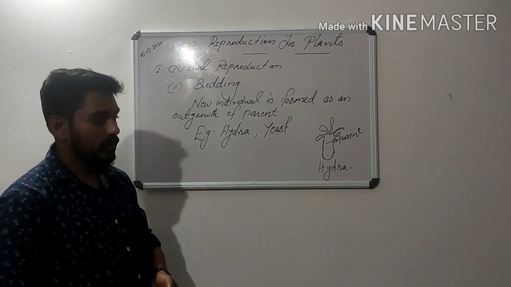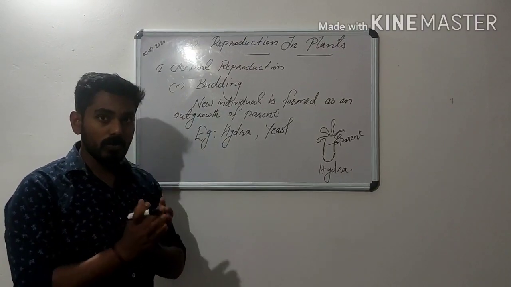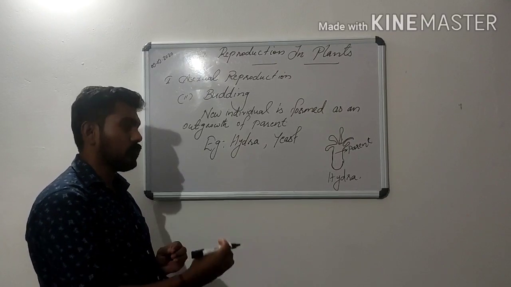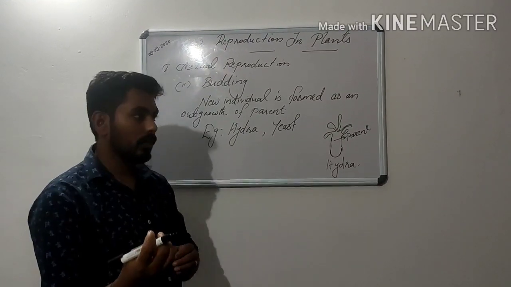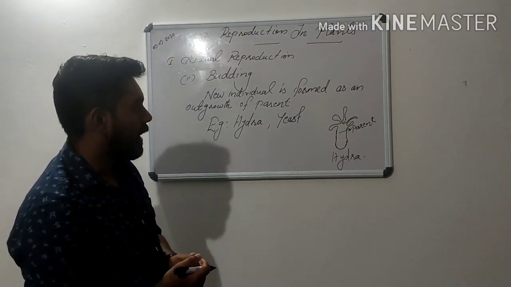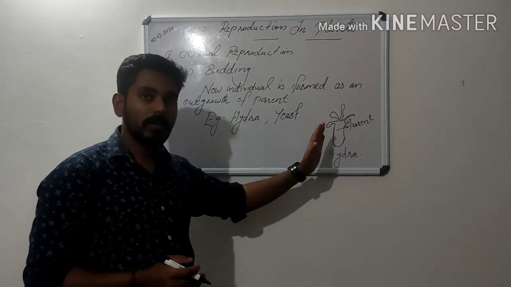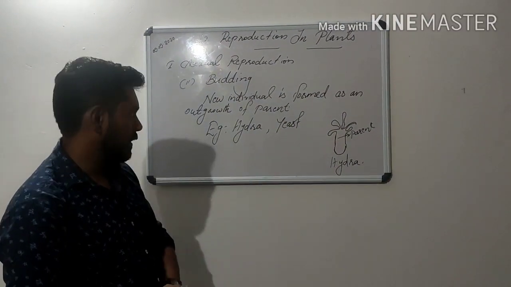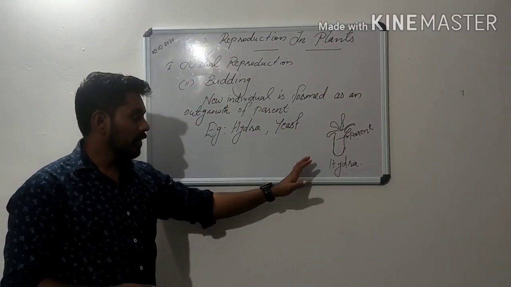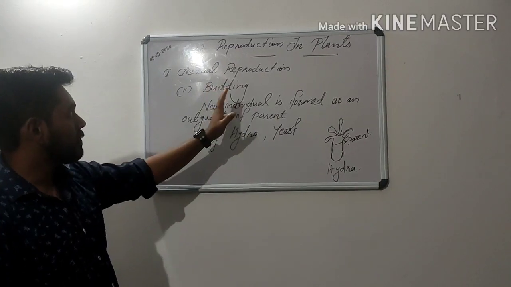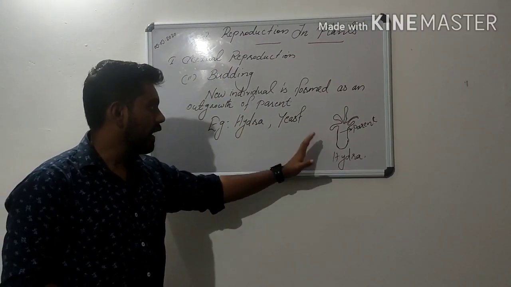Yeast also has an outgrowth formed, and when it is mature, it is separated from the parent organism. The daughter grows into a new organism, and the parent continues to exist. These are examples of asexual reproduction in Hydra and yeast.